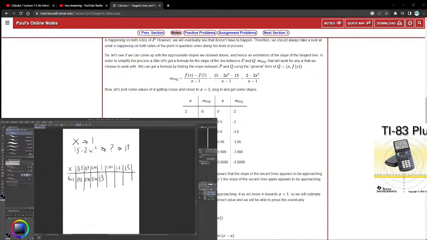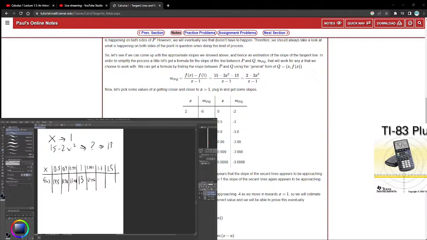Oh wait, for 0.999 I didn't square it. So I'm gonna have to go back. 12.996. 15 minus 2 times 0.999 squared: 13.004. 15 minus 2 times 1.1 squared: 12.58.